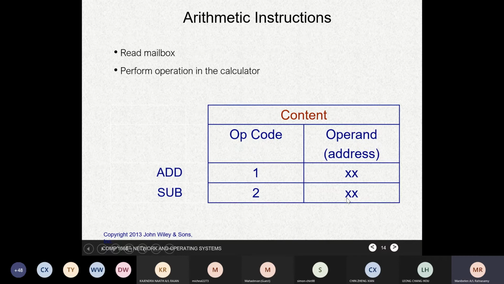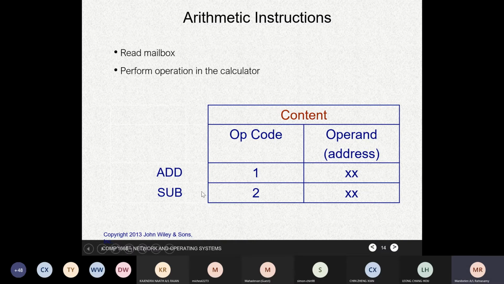For example, 10 minus 7, you get 3, you store the 3 inside this mailbox. Or if you have an instruction like 2 plus 2, 4, you store the value 4 in this mailbox, for example 105, the value out of that operation.